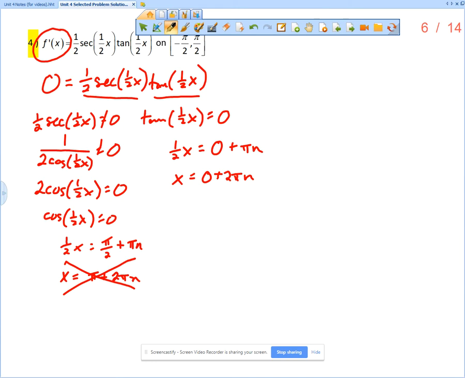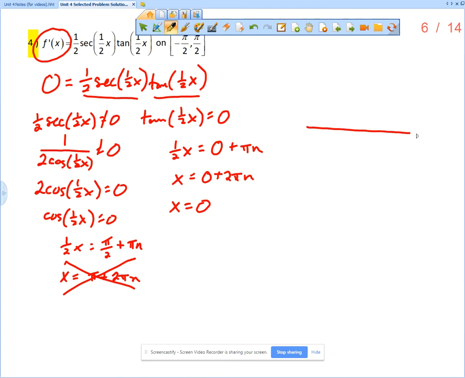What does that mean? That means that x is equal to 0, 2 pi, 4 pi, and so on. So what's in between negative pi over 2 and positive pi over 2? Well, that is just 0. So x equals 0 should be the only number on our number line.